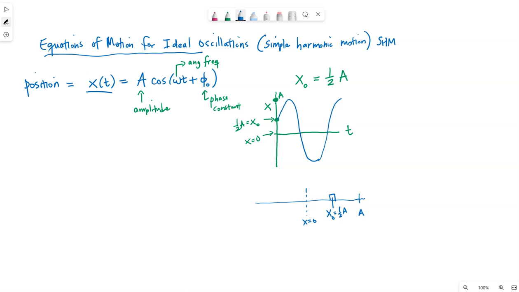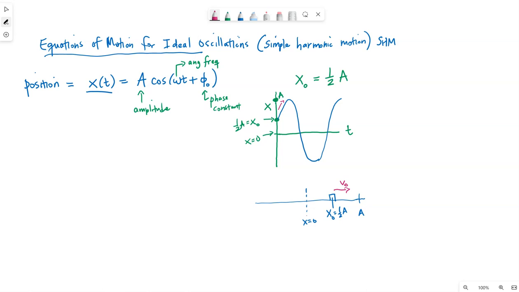So this mass is halfway between equilibrium and its maximum distance. The way I've drawn the graph, this mass is moving to the right initially because it's headed upwards towards that maximum displacement.